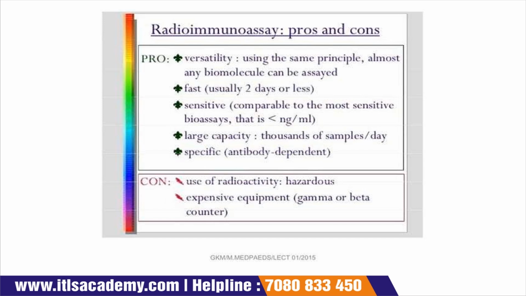Now there are some pros, like advantages and disadvantages. Every technique has its advantages and its disadvantages. This radioimmunoassay is versatile, meaning we use the same principle for the detection of any biomolecule. Using the same principle, almost any biomolecule can be assayed.